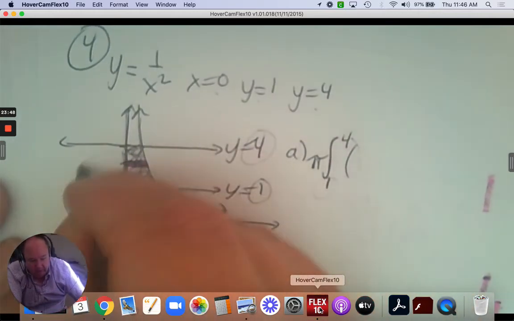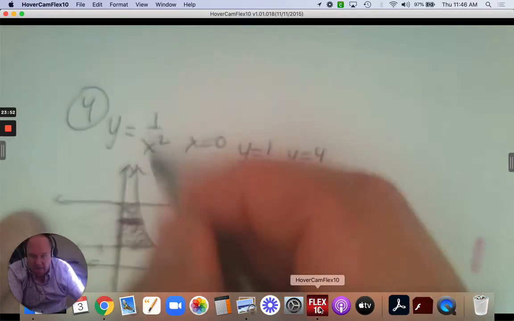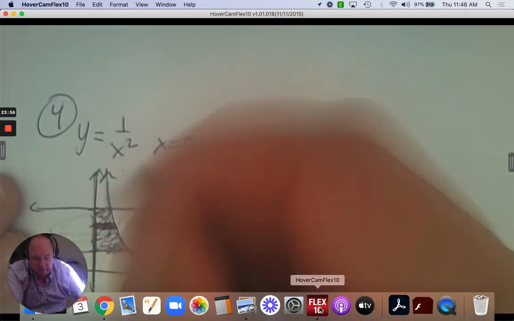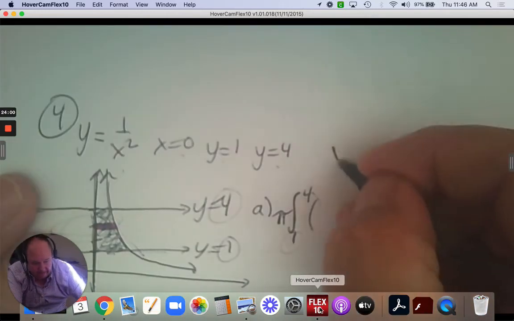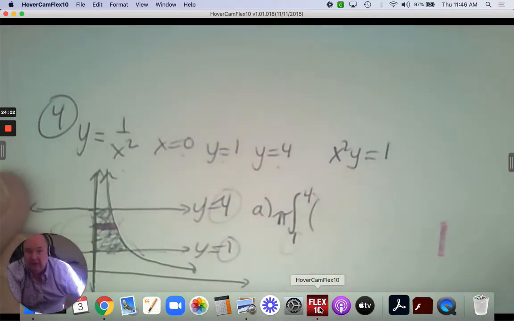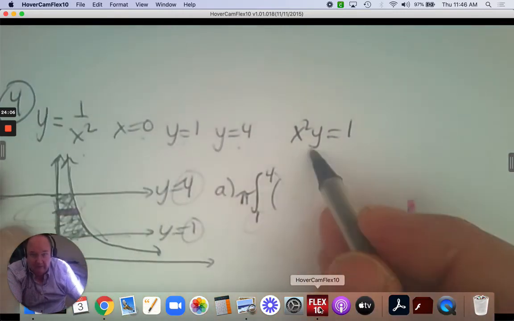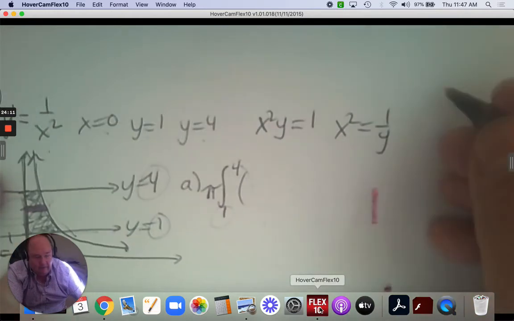So if I'm revolving this around sideways, I can't have y equals this. So I actually have to change that to x equals. So to do this, I'm first going to multiply both sides by x squared. I'm trying to get x by itself. So multiply by x squared, then divide by y, and then take the square root.